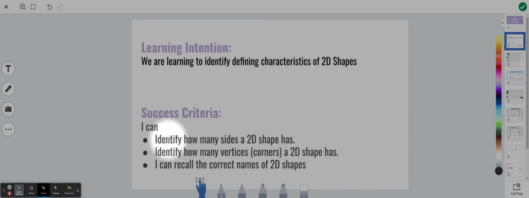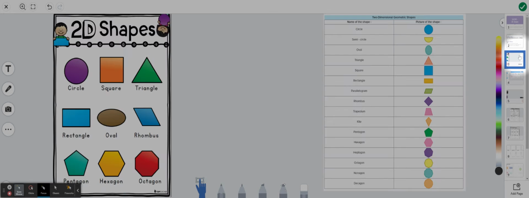What are the important characteristics of that shape? By the end of today, you should be able to say, I can identify how many sides a 2D shape has, how many vertices or corners a 2D shape has, and I can recall the correct names of the 2D shapes that we are learning about. Mostly we're going to be talking about regular shapes like circles, squares, triangles, ovals, rectangles, pentagons, hexagons, octagons, and rhombus.